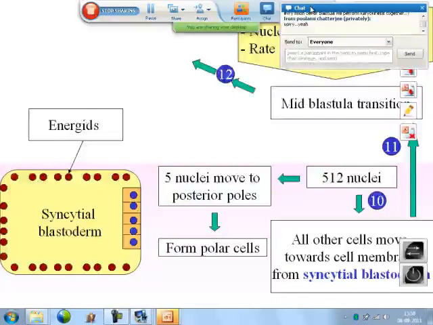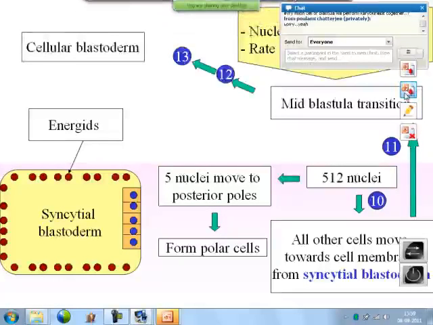So the 11th and 12th cleavages generally mark the mid-blastular transition phase, with slowing down of nuclear division, formation of some proteins, and transcription of genes. Now after the 13th cleavage, what do you get? You get a cellular blastoderm. The syncytial blastoderm will be converted into a cellular blastoderm.